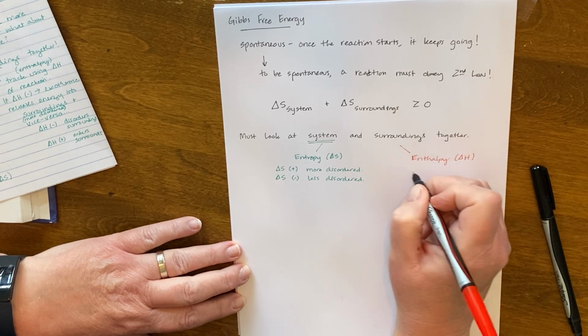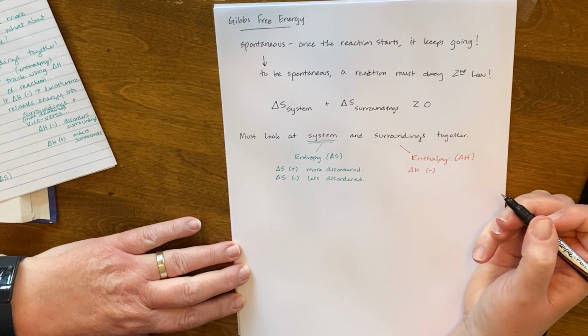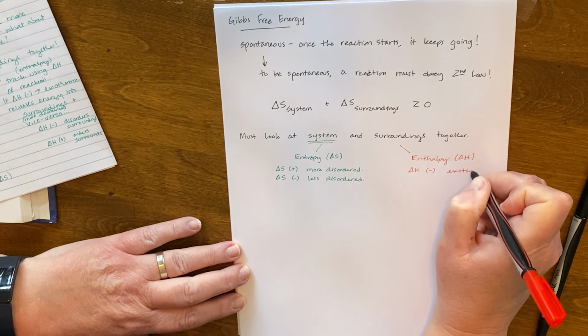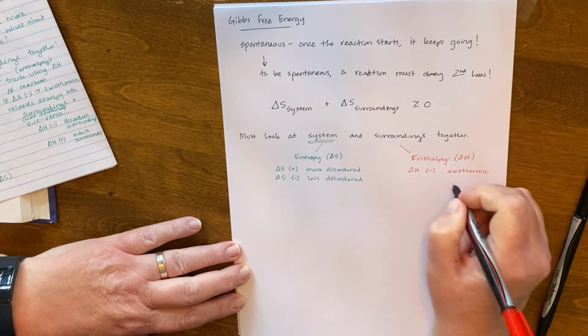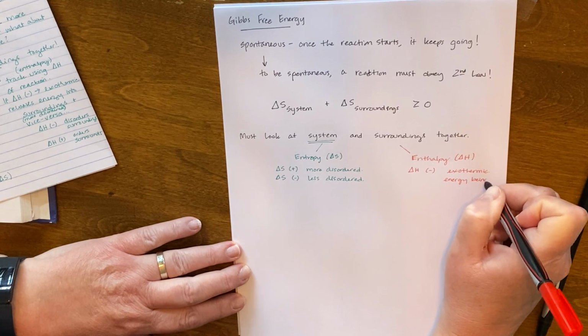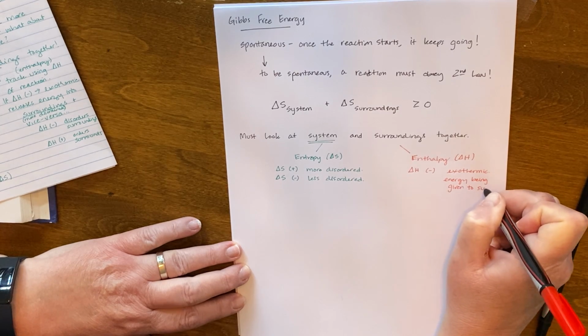Okay, so if delta H is negative, what does that tell us? That tells us the reaction is exothermic and energy is being given off. Energy being given to the surroundings.